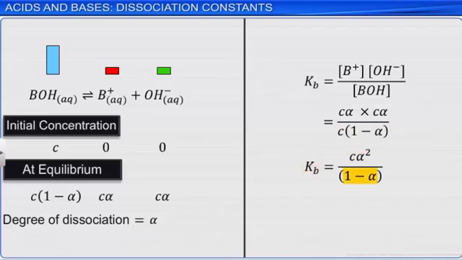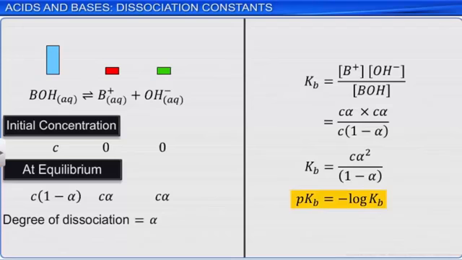Analogous to Ka, Kb also helps us in finding the pH, equilibrium concentration and degree of dissociation of weak bases. On extending the logarithmic scale to Kb, you can write pKb is equal to negative log Kb.